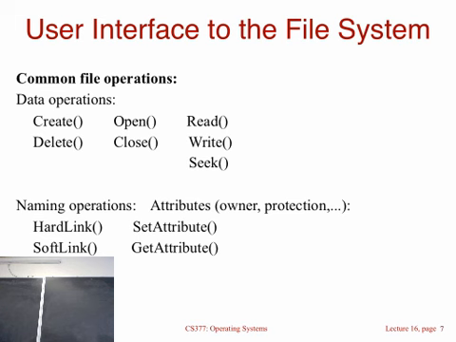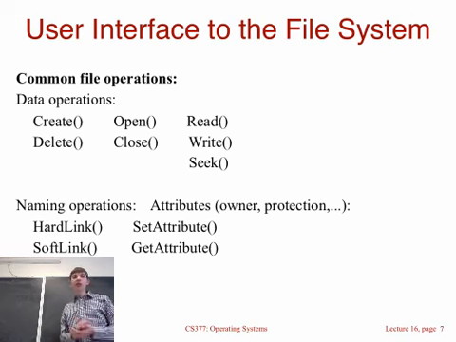So maybe we call read and we read that block. But now maybe we want to read something over here. So the first thing we might do is call seek, which is just going to move this file pointer over here. And now we can call read or write and act on data over here. So seek is just updating where a file pointer is pointing in a file when you're working with it.